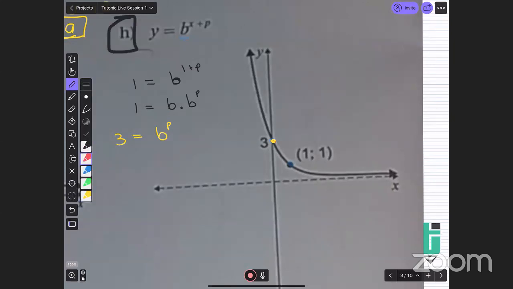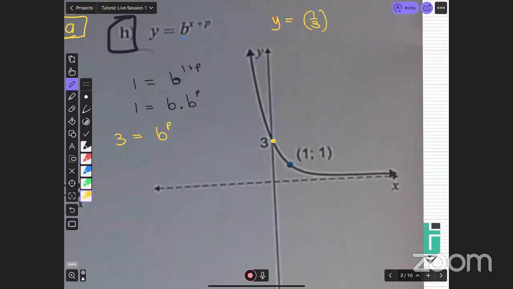Yes. And in the concept videos, we explain that if b is a fraction, it means the function is going closer to 0 as we go closer to the right. Why?